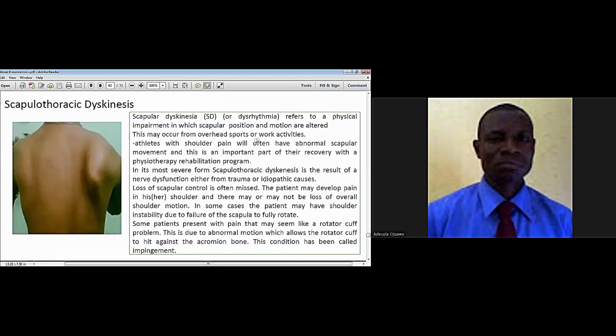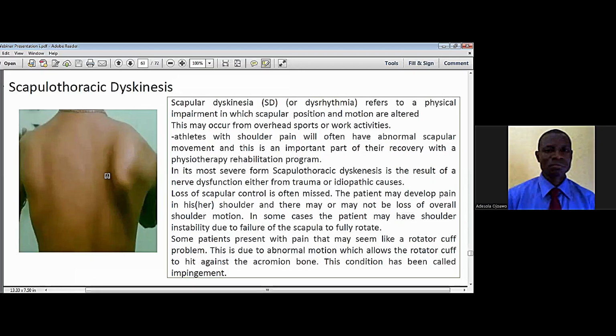This may occur from overexport injury. What happened here is that there's a displacement of the scapula. Maybe there's an impairment and the nerve is not too intact.